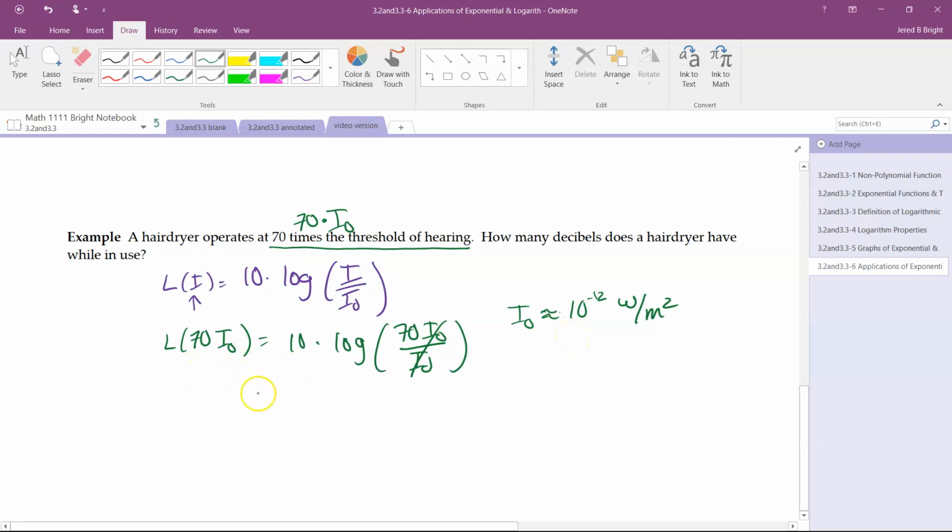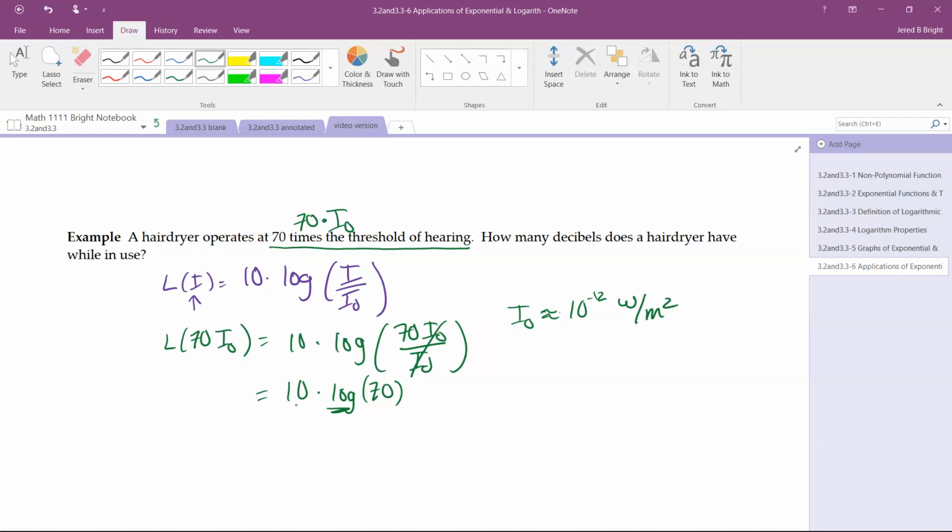In any case, we get 10 times log of 70, and this logarithm is actually built into your calculator. So pause it for a minute and actually calculate this out. 10 times, and then hit the log button, 70. For most calculators, you would hit log and then type in 70 and then hit enter.